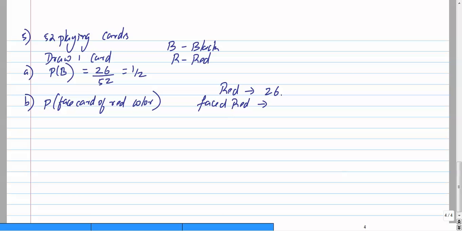There are two suits, one is hearts, the other is diamonds. So we have 3 from hearts and 3 from diamonds. Totally how many cards? 6. So the probability of a red face card is 6 upon 52, or 3 upon 26.